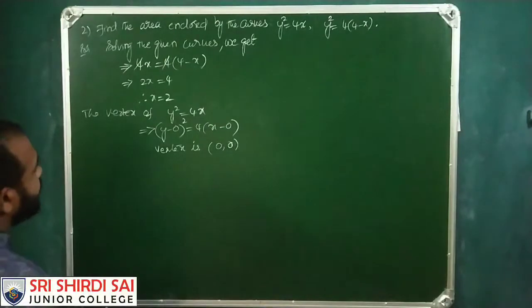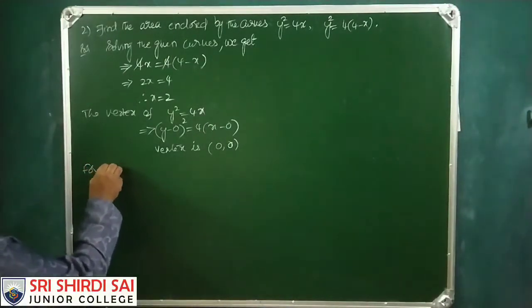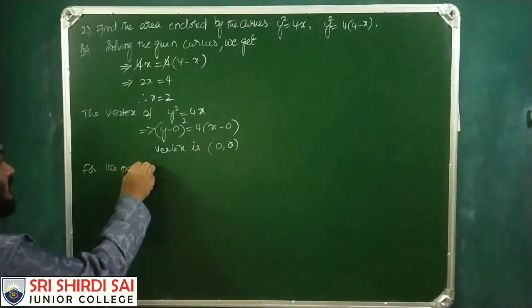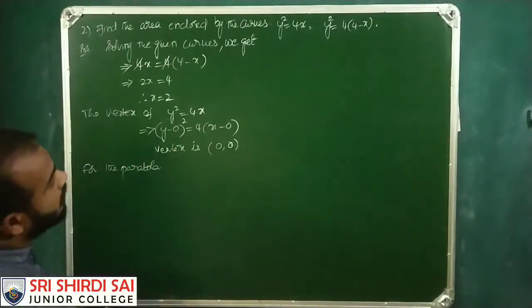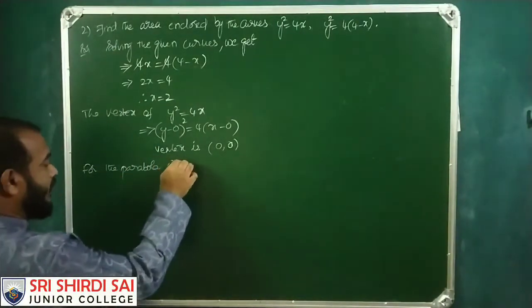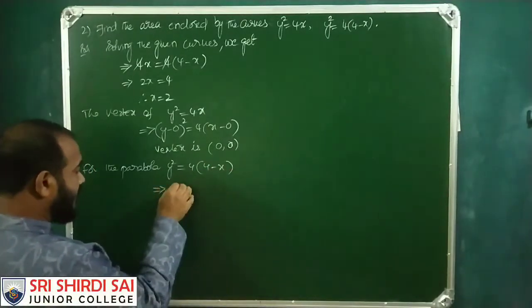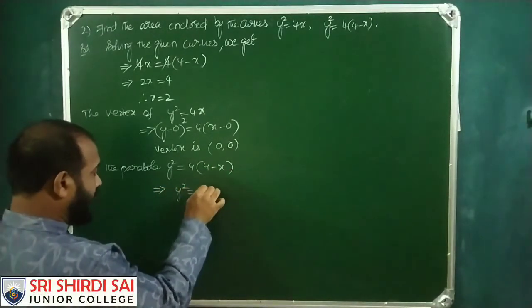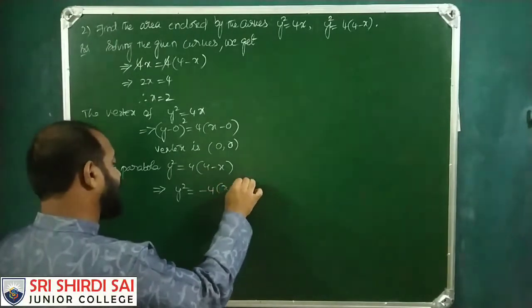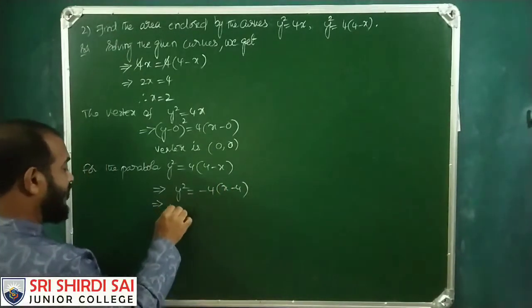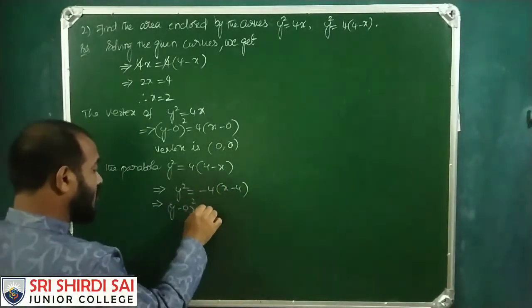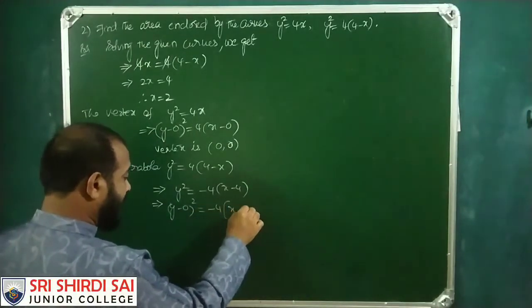And for the parabola y square equals 4 into 4 minus x, this implies y square equals minus 4 into x minus 4. This implies y minus 0 whole square equals minus 4 into x minus 4.